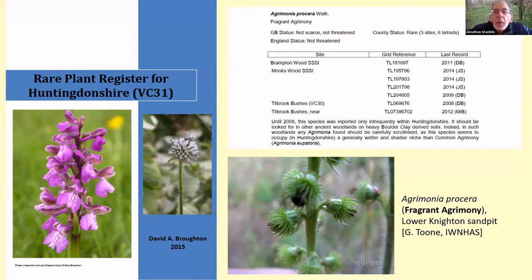So I'm just highlighting that as an example in some of these online publications. It tells you where it's found, often with a precise grid reference, and when it was last seen and who saw it.